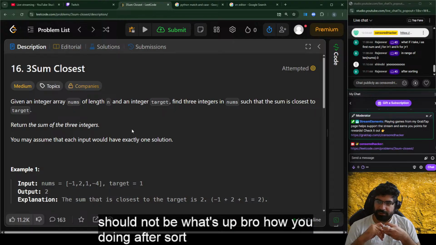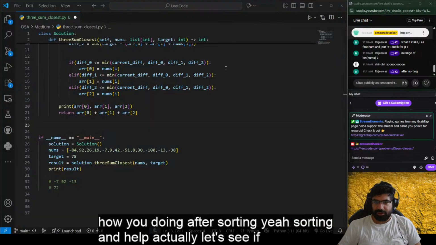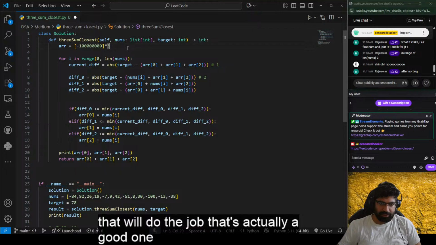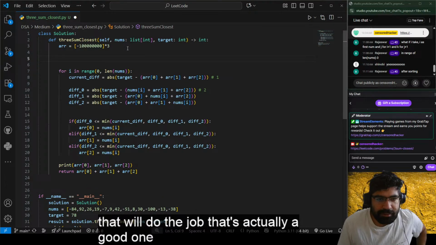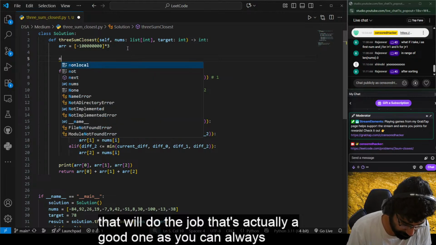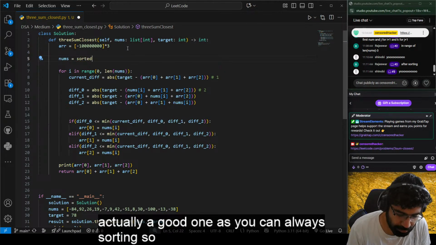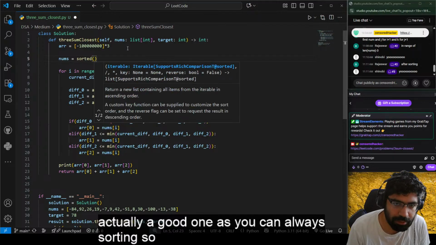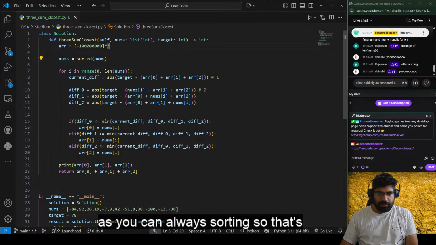After sorting? Yeah. Sorting can help, actually. Let's see if that will do the job. That's actually a good point. Because we can always sort things. That's actually a good point.